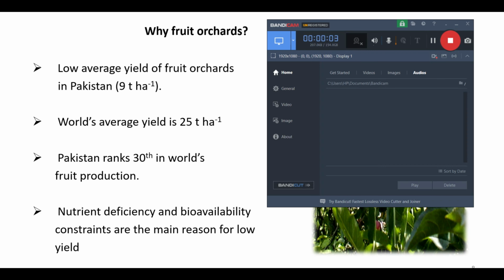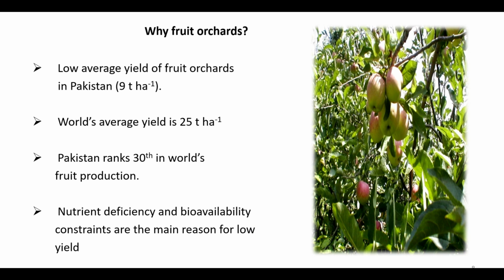So why we selected fruit orchards for this study? Average yield of fruit orchards in Pakistan is very low, that is 9 tons per hectare. The situation is very alarming when average yield of Pakistani fruit orchards is compared with the world's average yield, that is 25 tons per hectare.